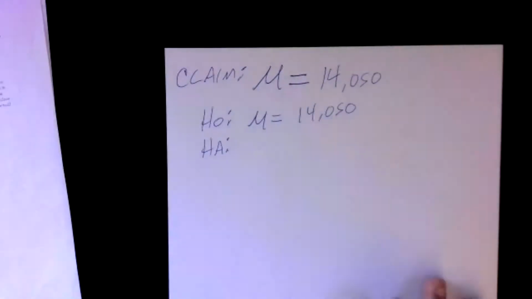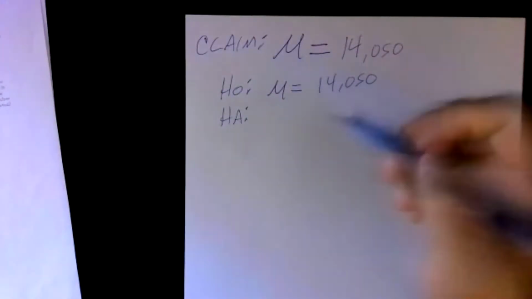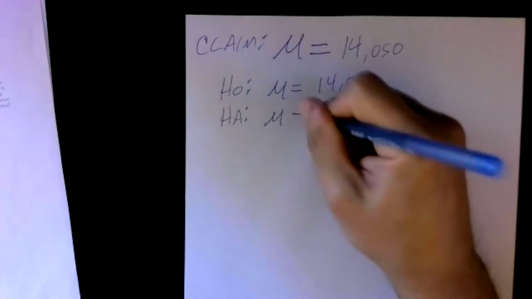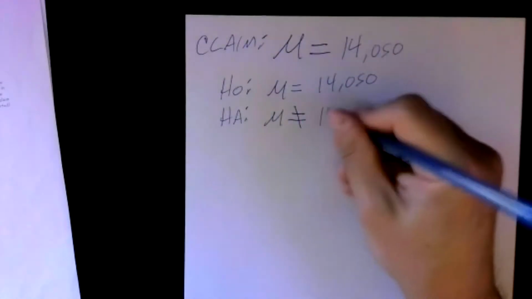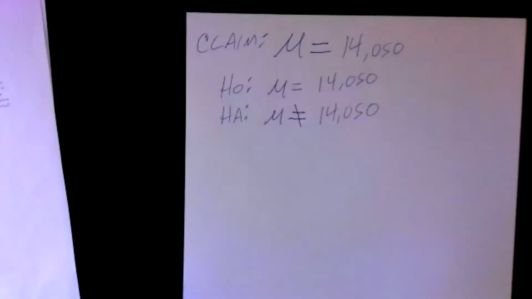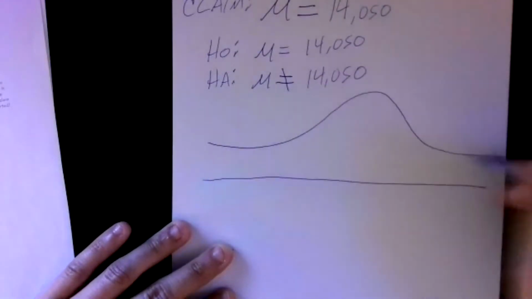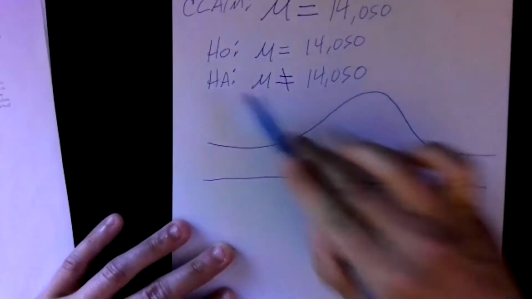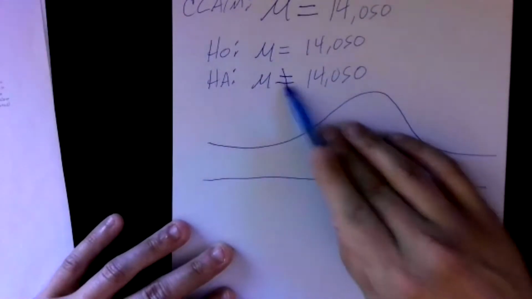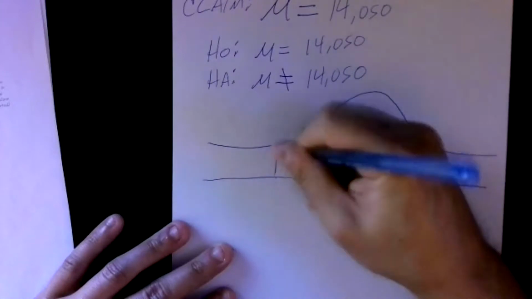The alternative hypothesis is the complement, it's the opposite, it's everything else, not equal to $14,050. Sketch your figure. Because the alternative is not equal to, we have a two-tailed test.